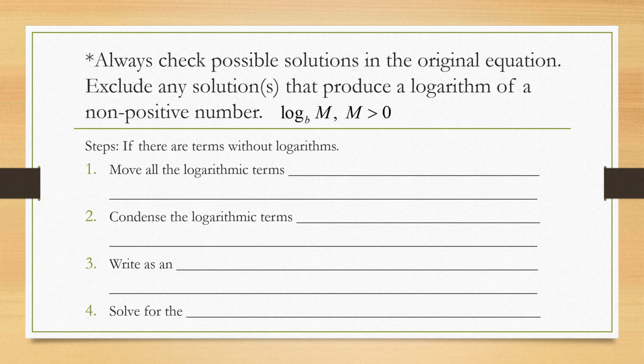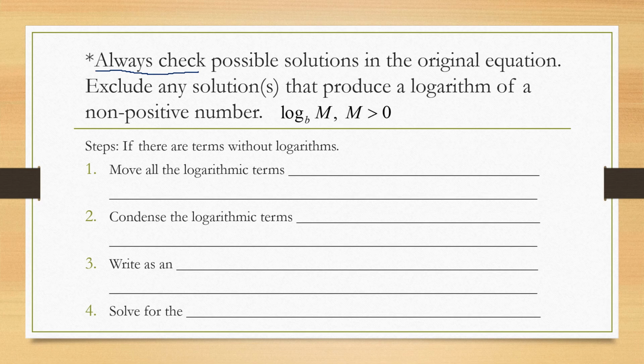One of the things we want to remember, though, when we're solving logarithmic equations is to check for possible solutions. We want to check that they are real. There can be extraneous solutions, solutions that are not really solutions, and they would be the ones that produce a logarithm of a non-positive number.